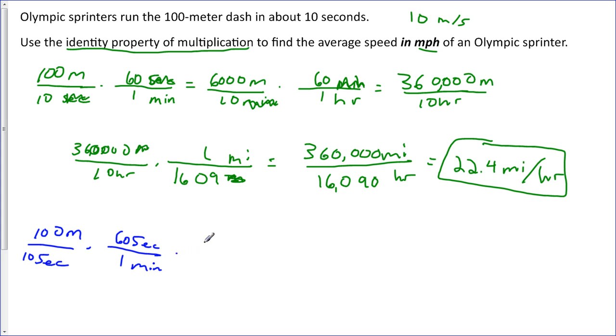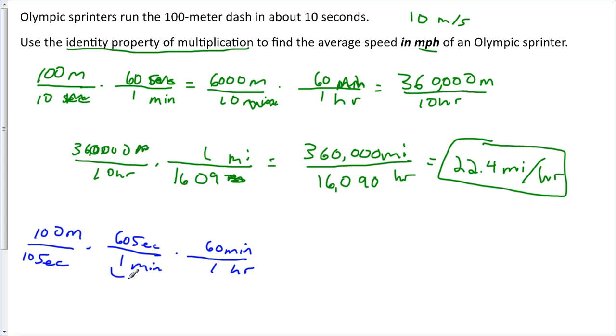Multiply that by, we want to change the minutes to hours now, so we'll put minutes up here and hours in the denominator so that the minutes cancel out, and 60 minutes is the same as 1 hour, so this equals 1.